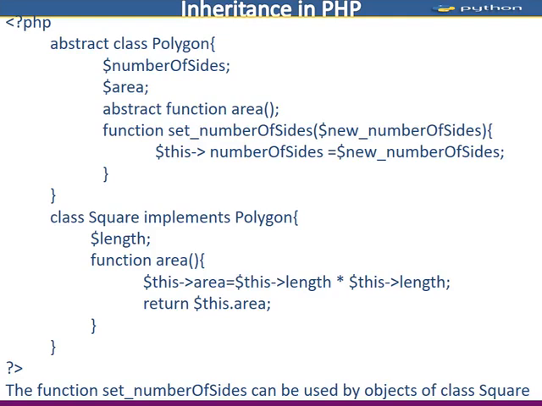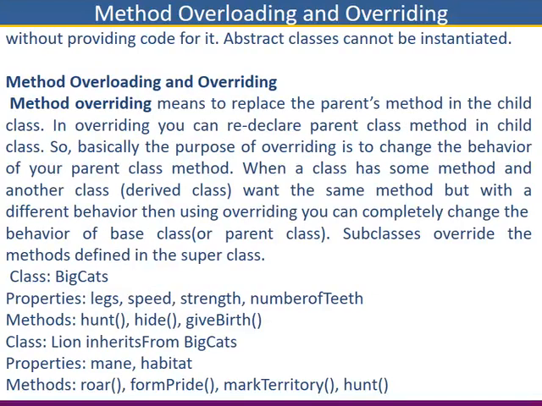We have the length and the portion area for the square. The portion set number of sides can be used by an object of class Square without providing code for it. Abstract classes cannot be instantiated directly.